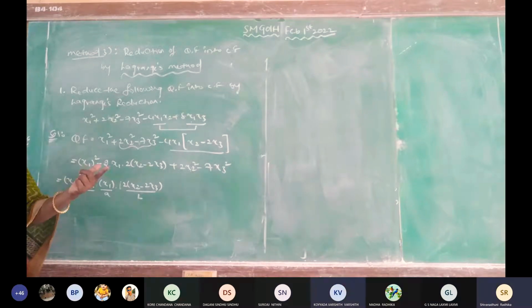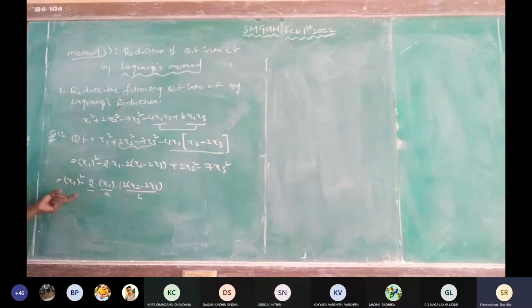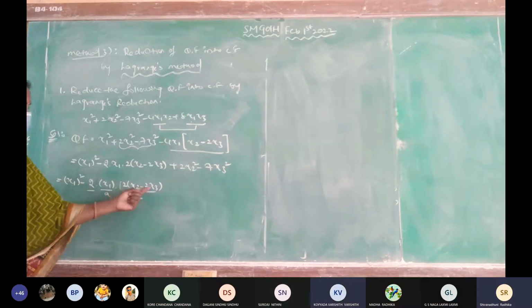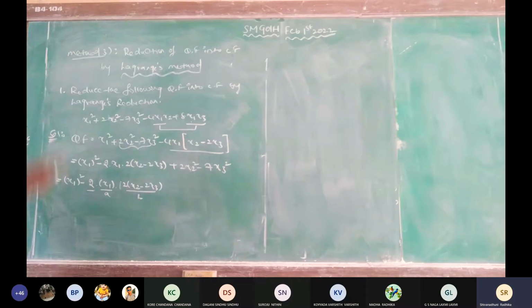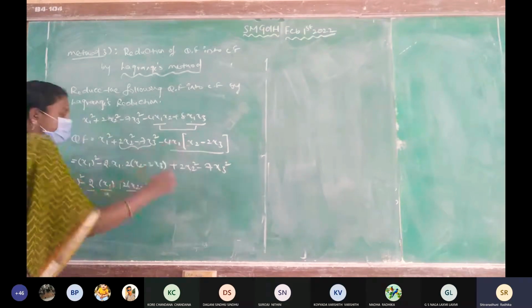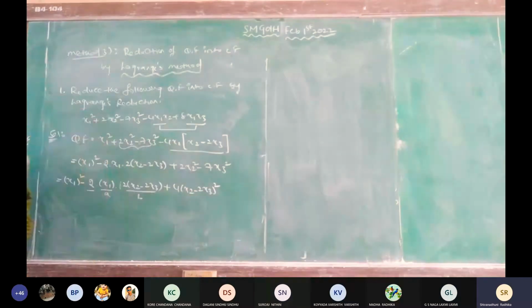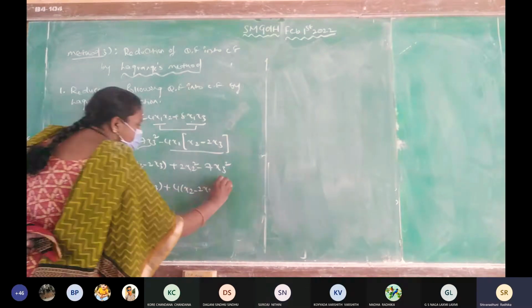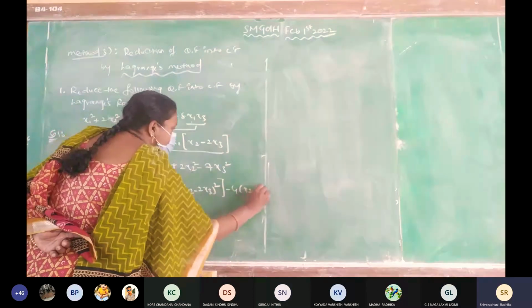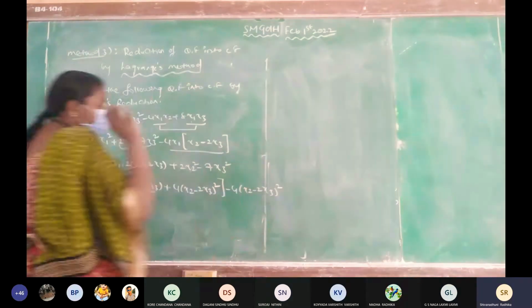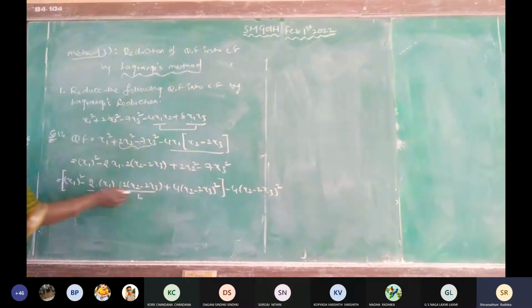What is b here? 2 into x2 minus 2x3 is the b term. So I am adding b square, that is 4 into x2 minus 2x3 whole square. When I am adding the b square term, immediately I subtract 4 into x2 minus 2x3 whole square. By the cancellation, we again get the same term, a square minus 2ab. Is it clear?